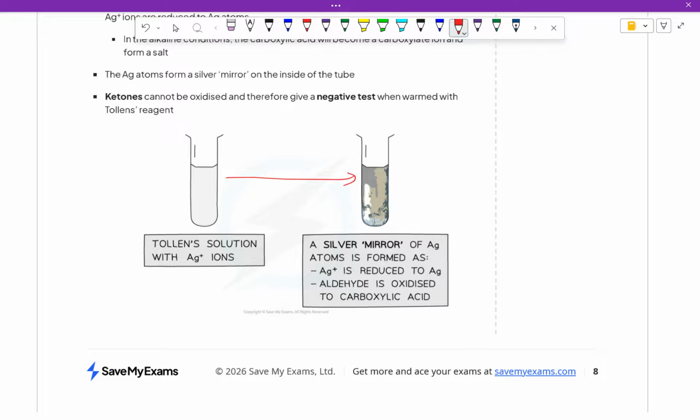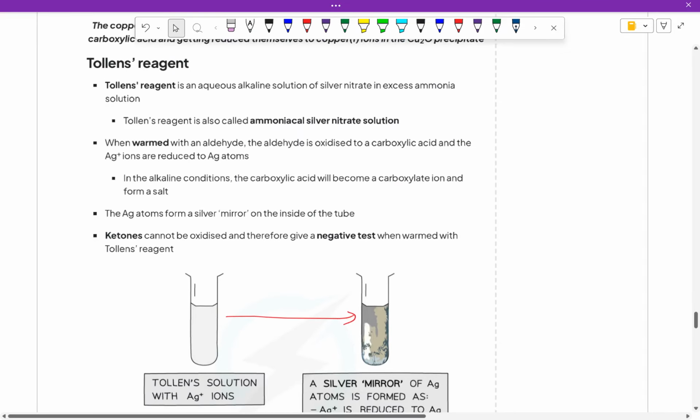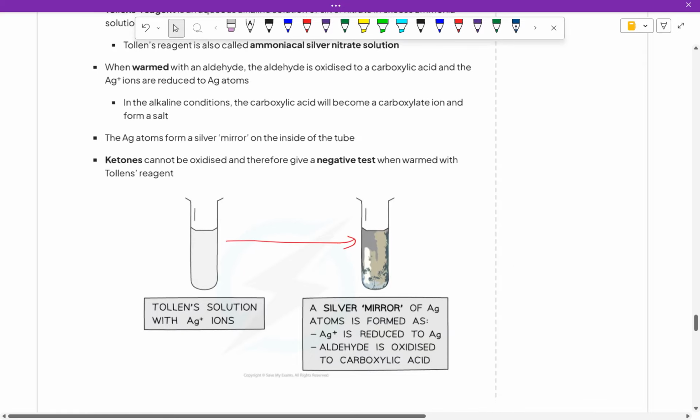That's what we call a silver mirror, because it looks like a mirror. The same oxidization happens here, and you can see that Ag+ has been reduced to Ag. In conclusion, that is also where the aldehyde is oxidized to carboxylic acid.